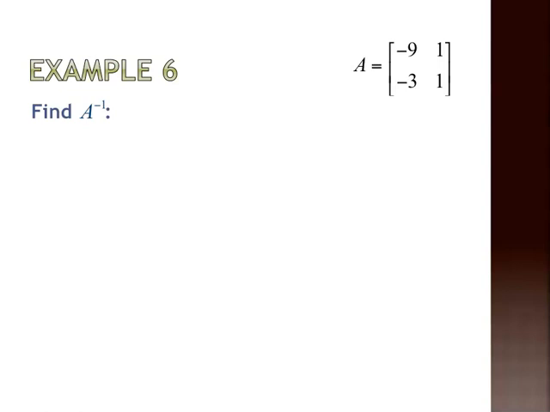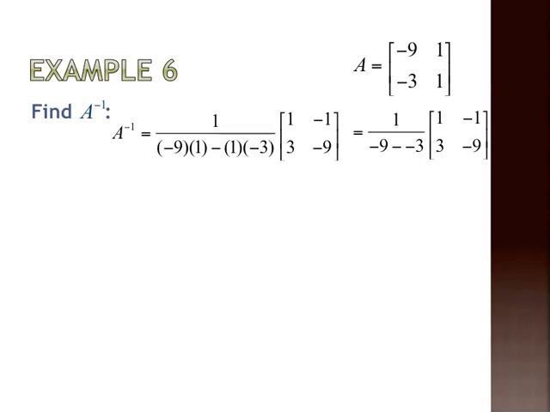So this is 1 over negative 9 times 1 minus 1 times negative 3. Inside the matrix, we're going to swap the negative 9 and 1, make the 1 and the negative 3 the opposite, so it becomes negative 1 and positive 3. Let's go ahead and simplify that.